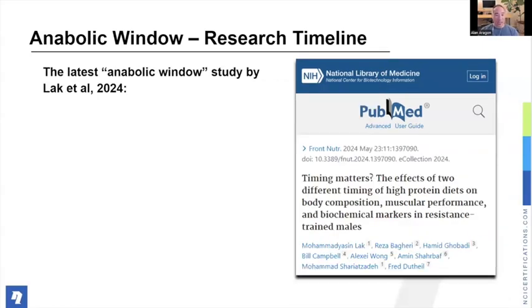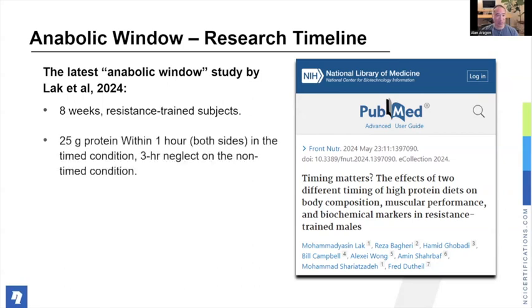So here is the latest anabolic window study, done by Yassine Lak, and it was just published this year. They took our meta-analysis as a jump-off point from which to design their study. They used resistance-trained subjects. Their comparison was protein timed within an hour of both sides of the training bout.